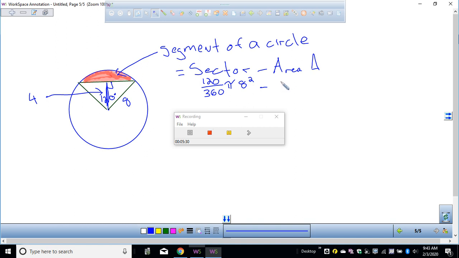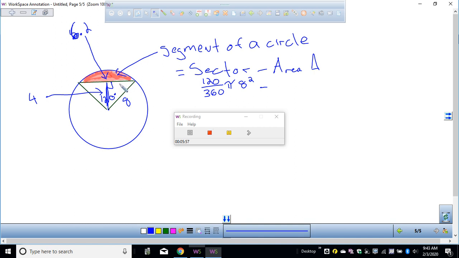Base times height, but I don't know the base either. What would that base be? It's not going to be 10. It's going to be like 6.2 or something like that. It's going to be some weird number.